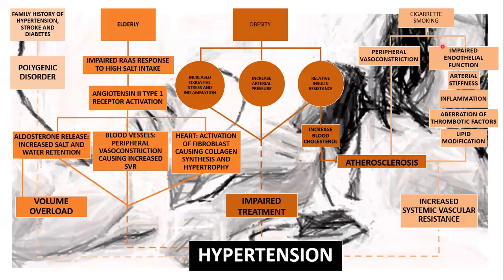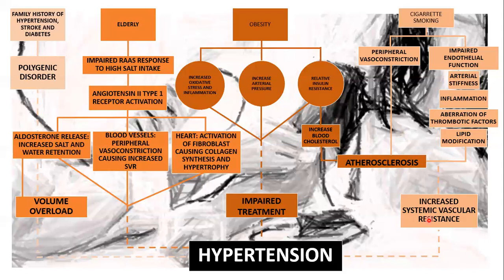Another important effect of cigarette smoking would be in these things: the impaired endothelial function, arterial stiffness, increased inflammation, aberration of thrombotic factors, and lipid modification, further aggravating the atherosclerosis brought about by obesity. So combining the two, it would lead to the increased systemic vascular resistance.